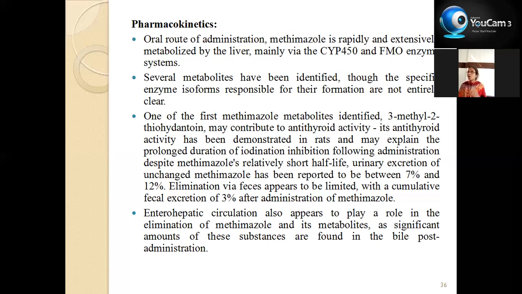So it is given by oral route and it is rapidly metabolized in the liver by cytochrome enzymes, but several metabolites are also formed, in which the first one is 3-methylthiohydantoin. When we performed the experiment on rats, prolongation of the duration of inhibition of iodination occurred, but there is a short half-life and the drug is excreted in the unchanged form.